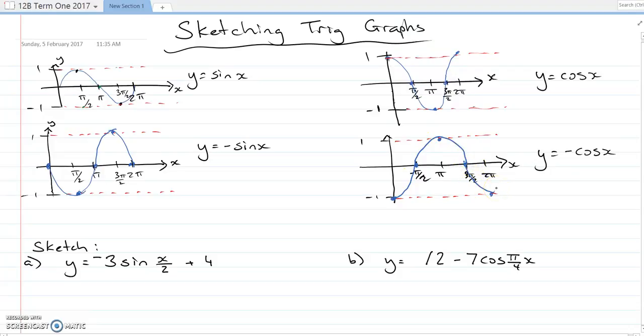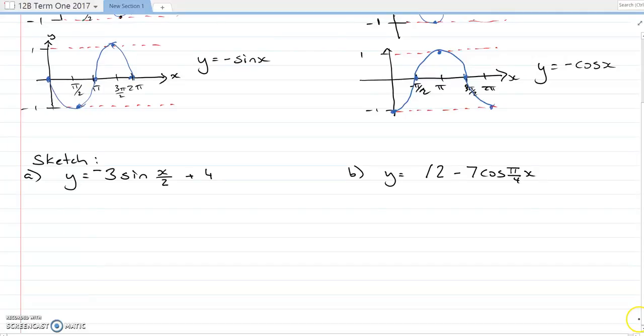Alright, so let's look at sketching these graphs. Alright, so the first one. We've got our amplitude, and just forget the minus for the moment. The amplitude is 3.